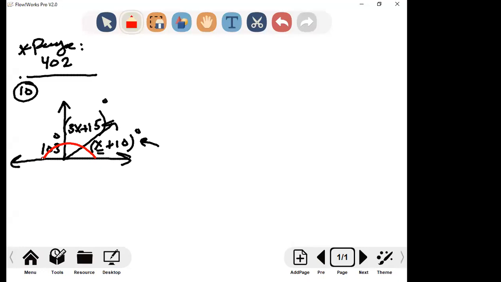And the total of them should be what? 180 degrees. So let's add them and put them equal to 180. Let's prepare our equation. So 103 plus 3x plus 15, plus the x plus 10, the third angle, should be 180 degrees.